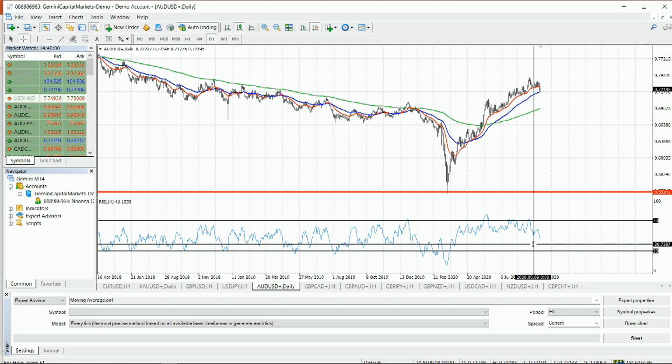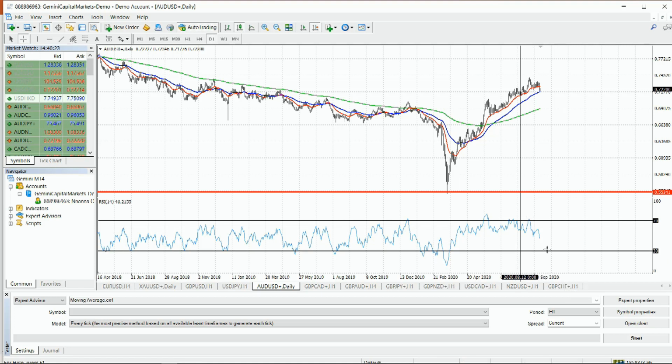So this is how you want to apply the relative strength index. Use it to figure out whether it's a good time to enter a trade buying, or selling, or maybe you should wait for the market to make a move, or retrace back, and for RSI to show you that it is a good time to enter.